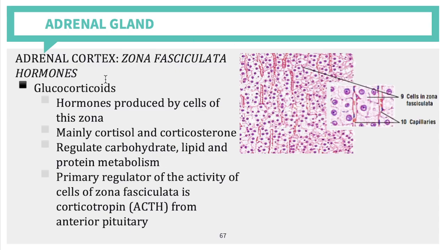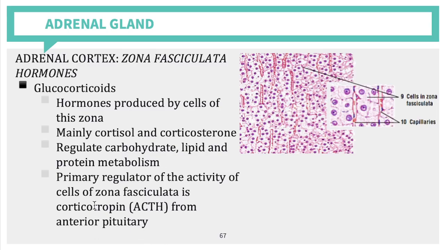So what is the hormone being produced by your zona fasciculata? It's going to be your glucocorticoids. Hormones produced by cells of this zona are mainly your cortisol and your corticosterone. They regulate your carbohydrate, lipid, and protein metabolism. The primary regulator of the activity of your zona fasciculata is, remember, your ACTH produced from your anterior pituitary gland.